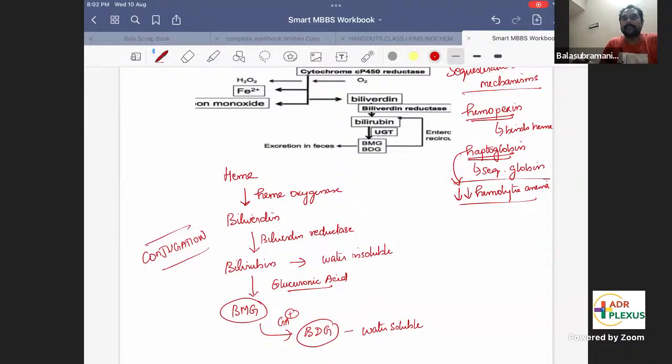There are other names for these components. Water insoluble bilirubin is otherwise called indirect bilirubin, and water soluble bilirubin is called direct bilirubin.